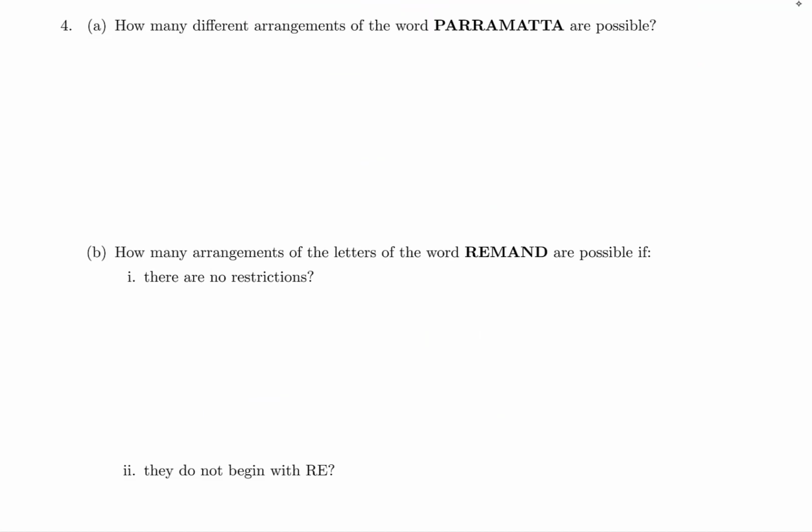Next one: how many different arrangements of the word PARRAMATTA are possible? Yes, think about this. How many P's do we have? P we have just one. And how many A's? A 1, 2, 3 and 4. We have 4 A's.